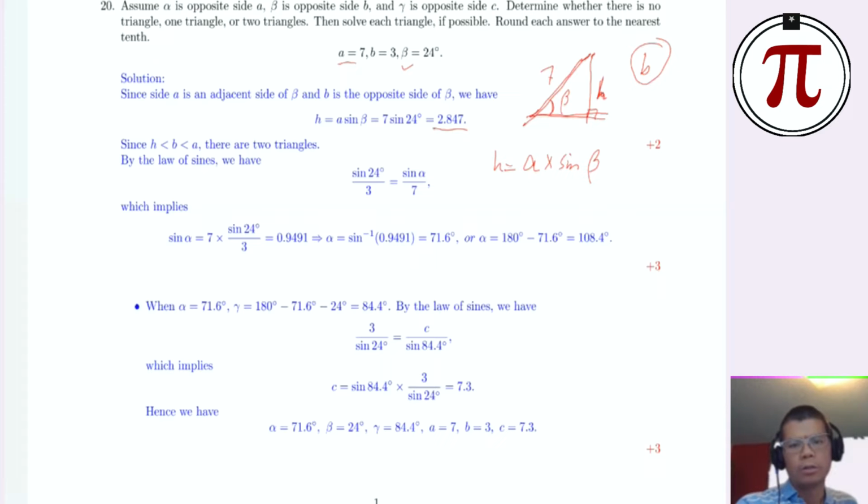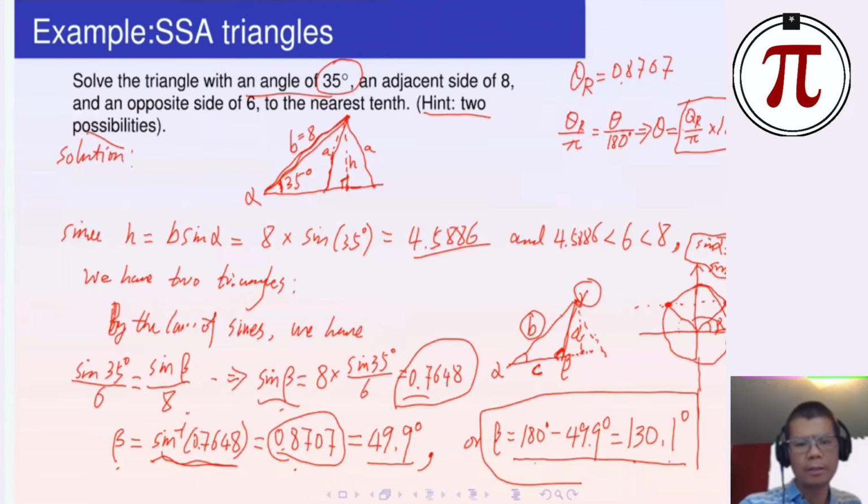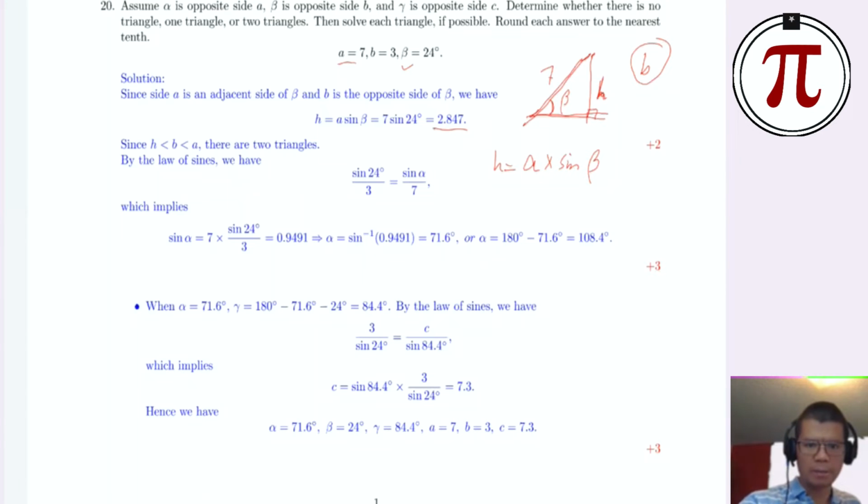Now, based on the category here, H is 2.8, and we know that it is less than A. It is a third case. Since H is less than A, and A is less than B, right?